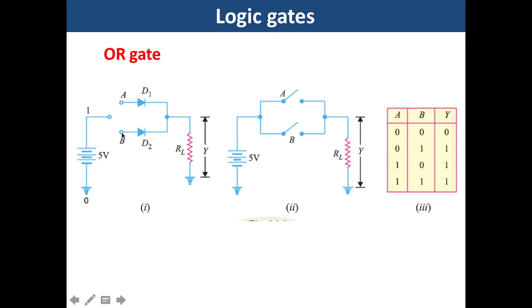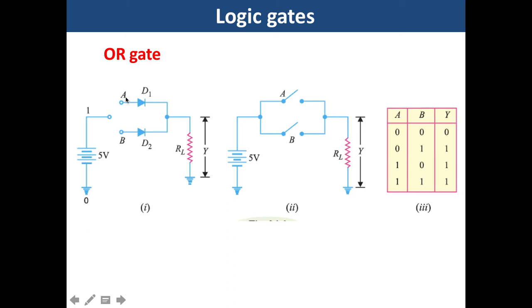If A and B are connected to ground, then both diodes will not conduct because they are reverse biased. So diodes D1 and D2 will not conduct and your output will be 0. In terms of binary, 0 plus 0 is equal to 0.